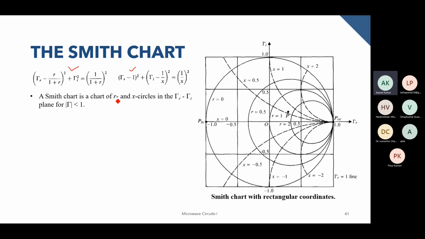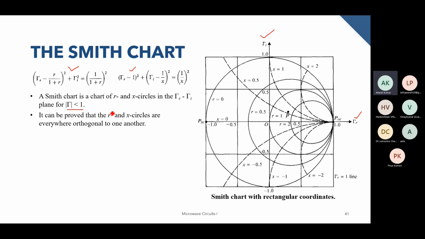A Smith chart is a chart of R and X circles in the gamma R and gamma I plane. So the coordinate systems are gamma I and gamma R, and this plot is what we call the Smith chart. And an important consideration is that everything being considered assumes the magnitude of gamma is less than 1.